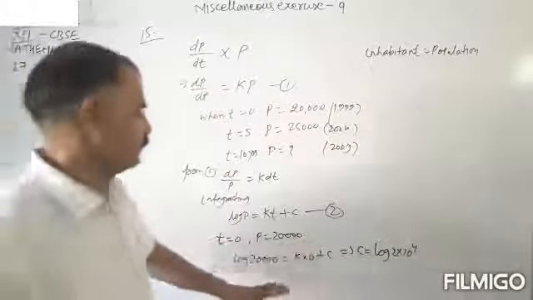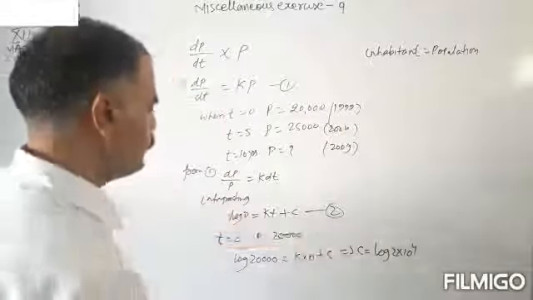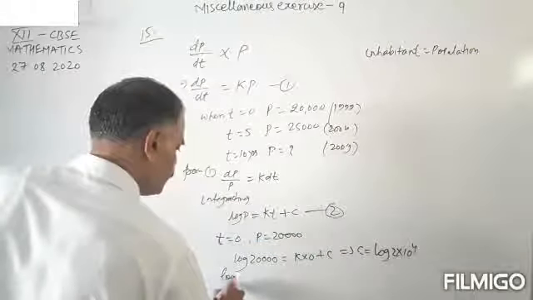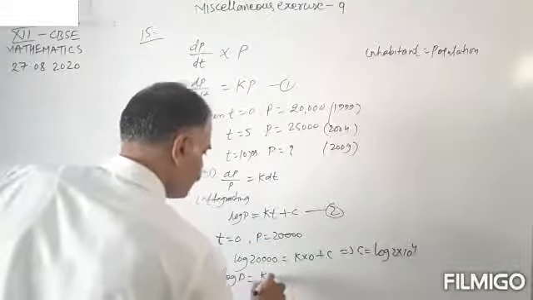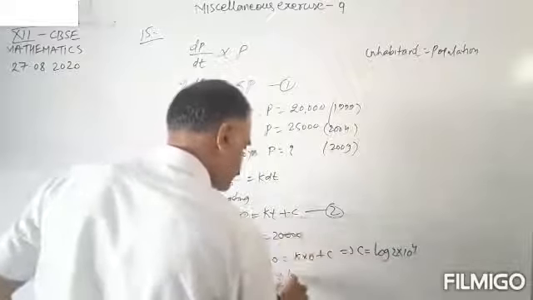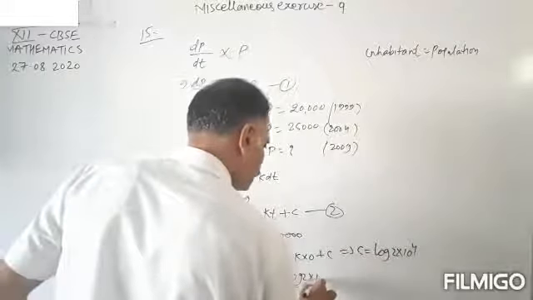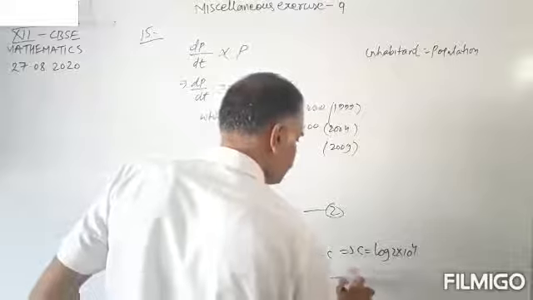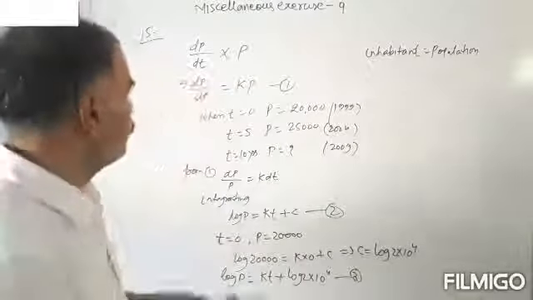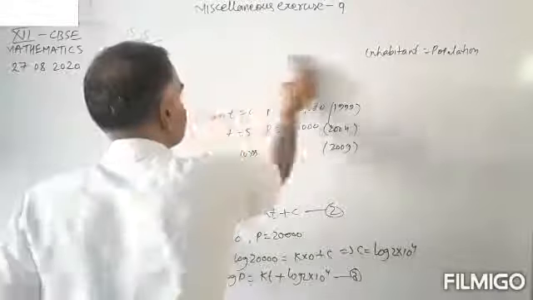Now putting this c in equation number 2, we have log p equals kt plus log 2 into 10 to the power 4. This is equation number 3.